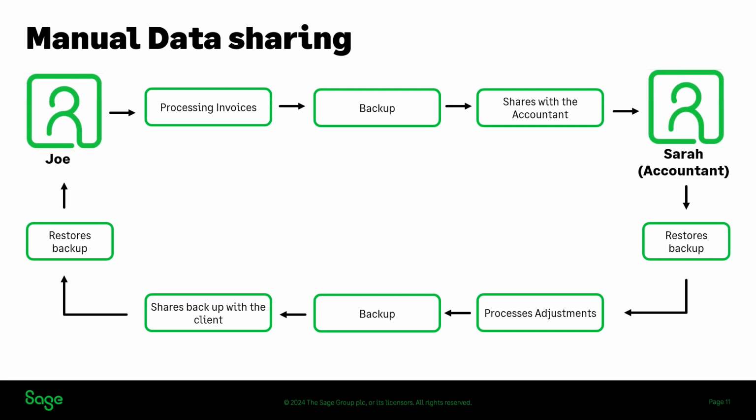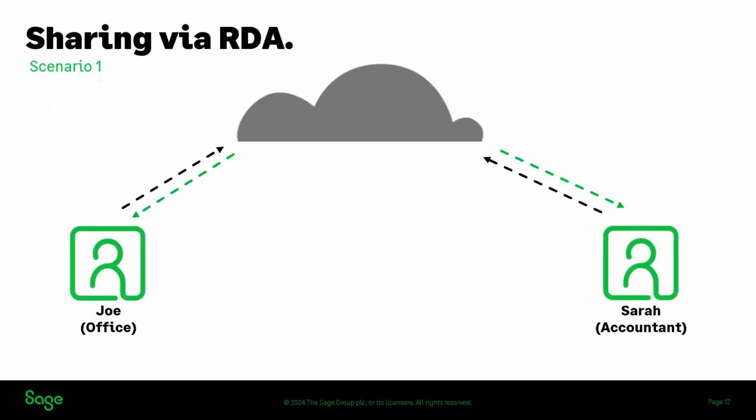So let's take a look at the first scenario. It's exactly what we've just looked at, the manual data sharing. Joe's in the office. His accountant Sarah is external, in her own office in a different location. Using remote data access, Joe can continue processing those invoices whilst his accountant Sarah is adding in those adjustments.